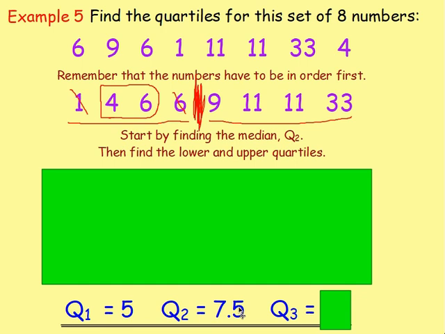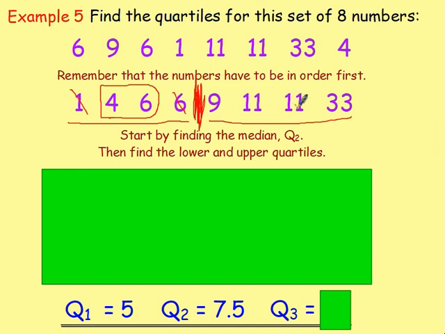Q2 was your median, and that was 7.5, and Q3 is your upper quartile. So, with the larger numbers, you've got 9, 11, 11, and 33, and we need the number that's halfway between them.